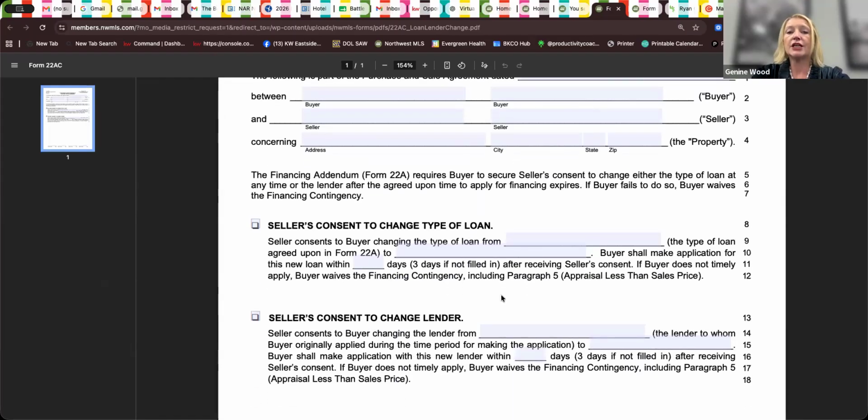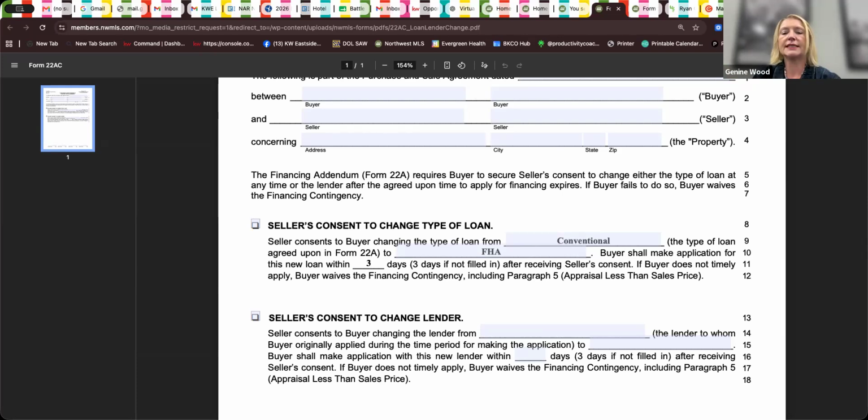Seller consents to the change of the loan type, so from FHA to conventional or conventional to FHA as an example, from loan type conventional to FHA. Buyer shall make application for the new loan within 3 business days unless you change the default and fill in a different number.